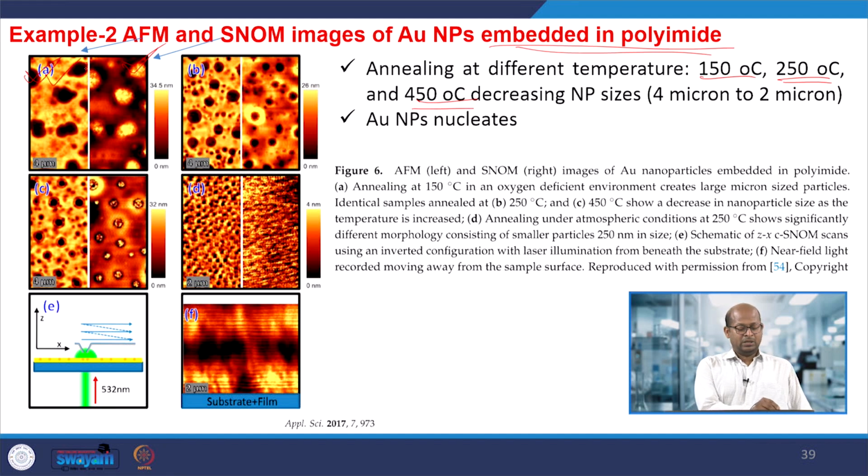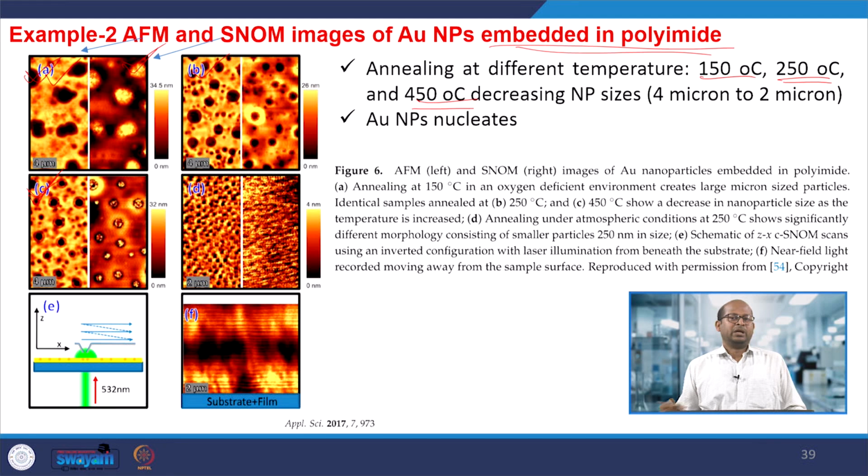This is 150, this is 250, and I think this one is 450 degrees centigrade. If we anneal the materials at different temperatures, the nanoparticle size also changes. So if we collect AFM or SNOM images of the differently annealed materials, we can analyze them and study their properties.